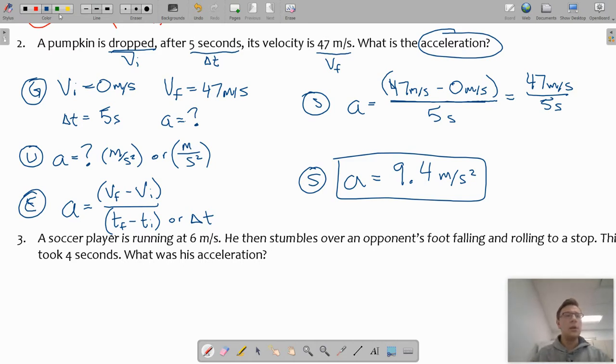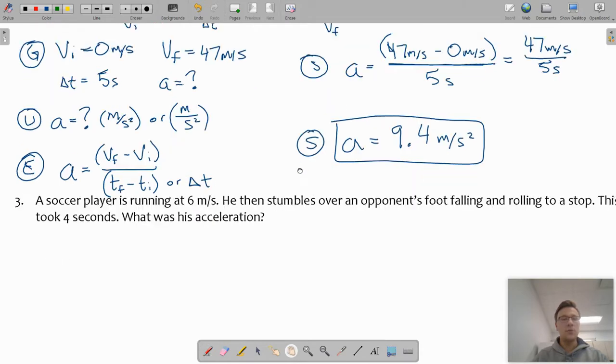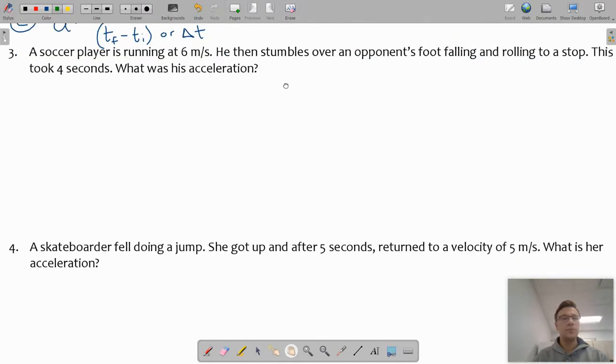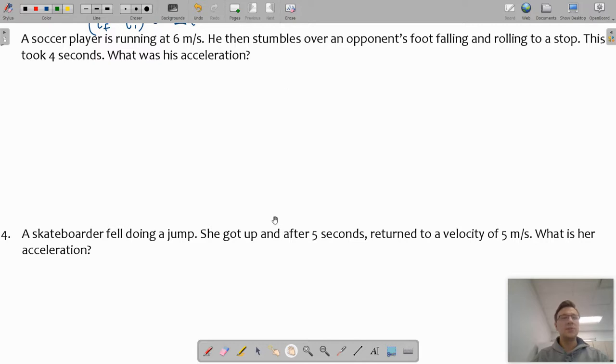Okay. All right, let's go ahead and move on to our third example here. So it says a soccer player is running at 6 meters per second. So that is implying his current velocity. So that's going to be the initial VI.